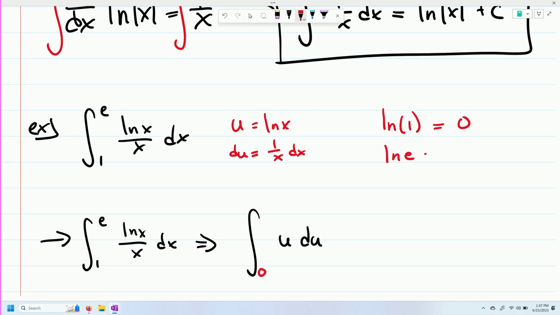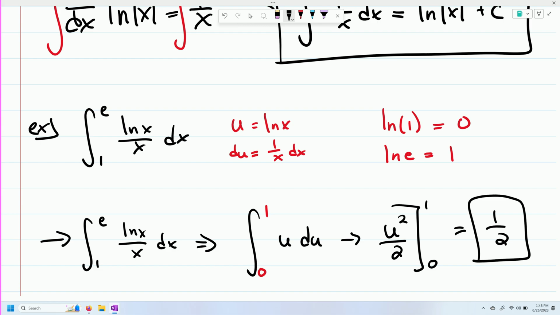And the ln of e, by definition, is equal to 1. So it's going to be the integral from 0 to 1 of u du, which when we integrate this, we get u squared over 2 between 0 and 1, which is equal to 1/2.